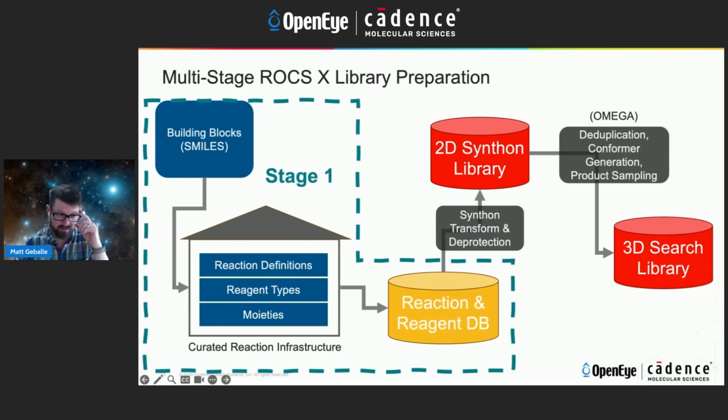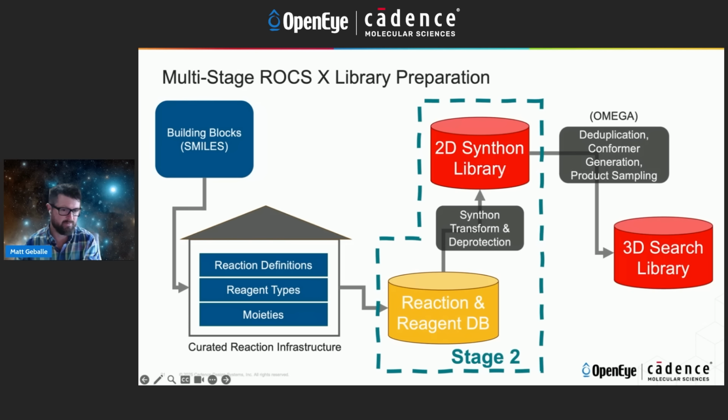And the first step is we pass these through our reagent definitions and this reaction infrastructure that we've built up over several years and use in other generative design flows in Orion. In ROCS X, we support about 35 two-component reactions, and we pass all these building blocks through them and classify them into the different sorts of reagents and build that into a reagent database.